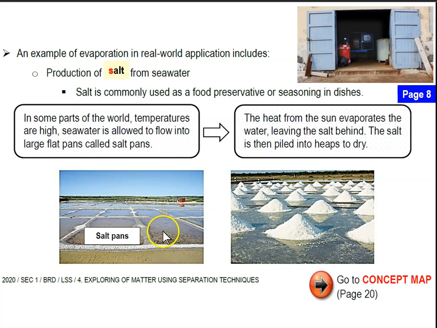The purpose of this is that they want the sun in the atmosphere, using heat, to evaporate all the water in the seawater, leaving behind these stacks and piles of salt. So this is actually salt heaps, and this salt is then piled up to form heaps, and then they will further dry this, and this is how they actually produce salt.